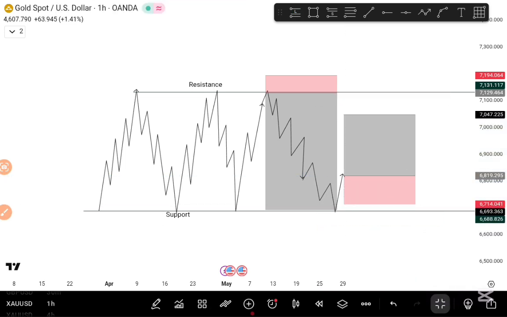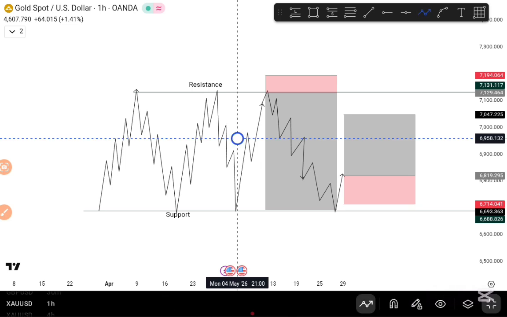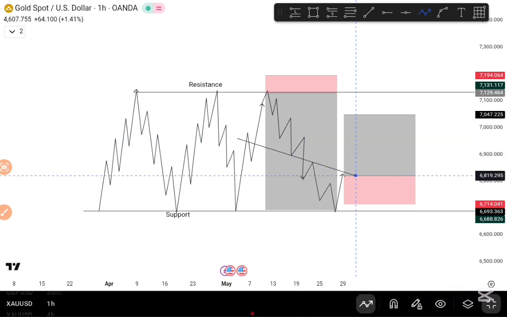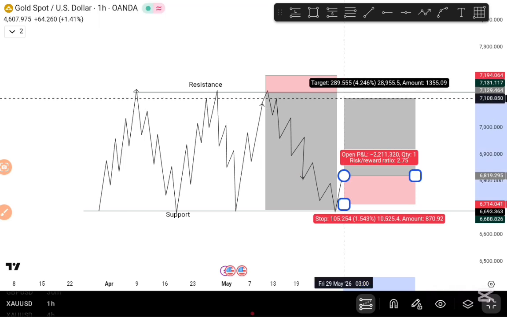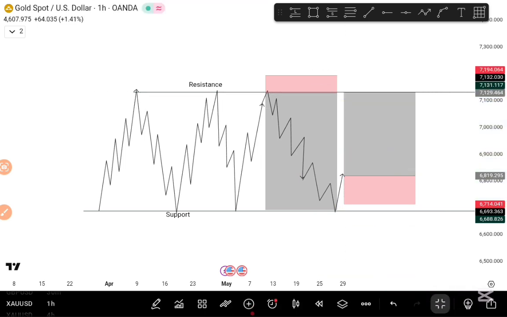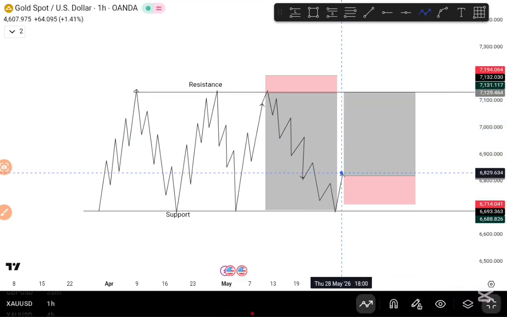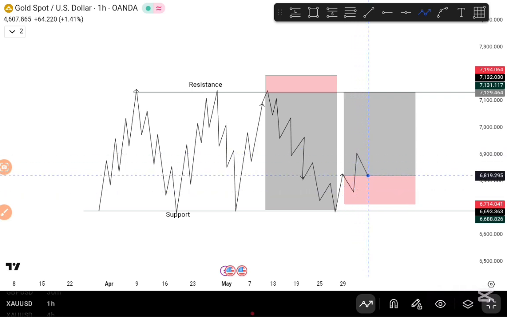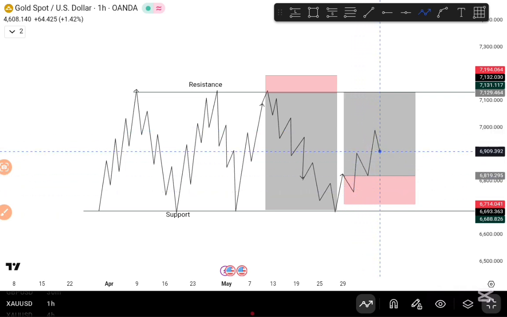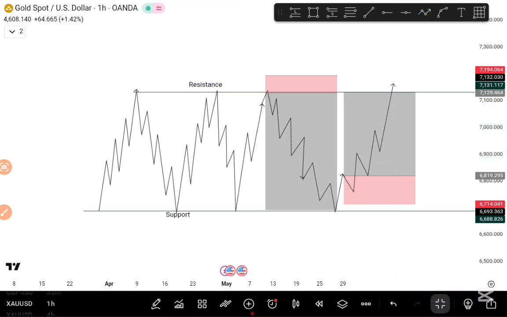Then I would want to target this resistance. Then I would want the market to do whatever it wants to do, start playing out, until it gets to my take profit. That is a simple support and resistance strategy.